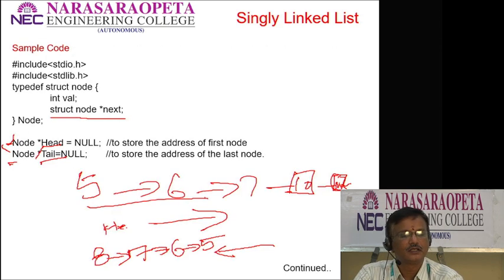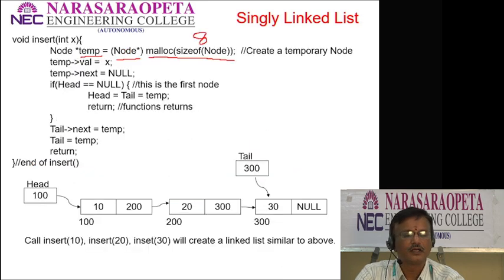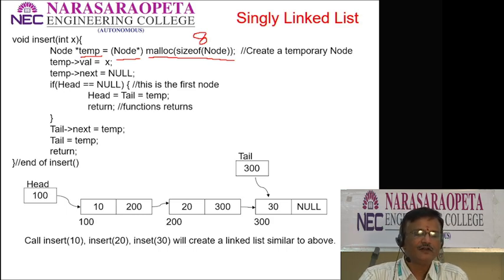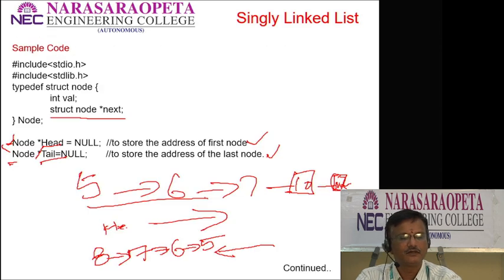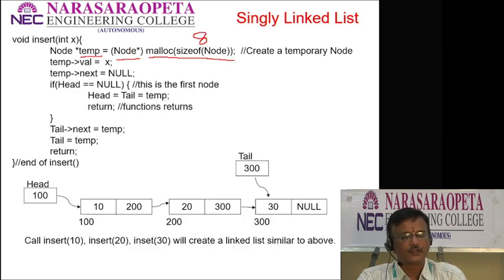See here we have created two variables and initialized them to null. So if you call the function for the first time, head will have null because we have initialized it to null. So this becomes true if it is the first time.